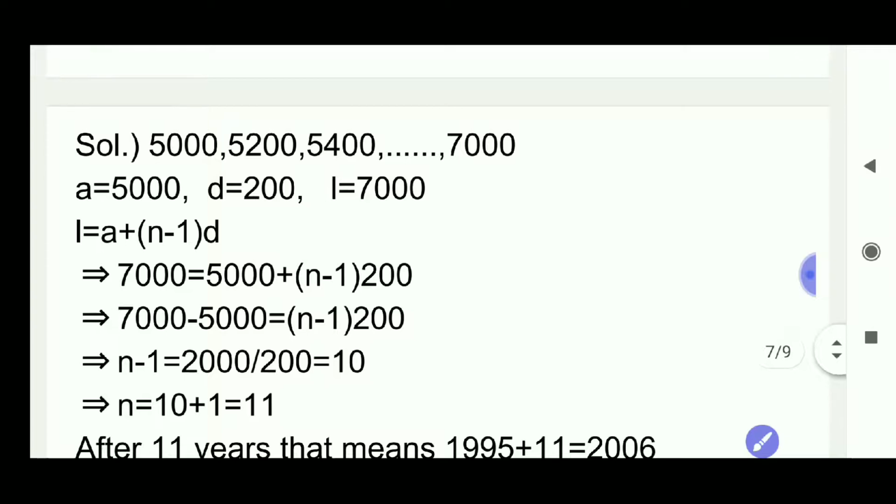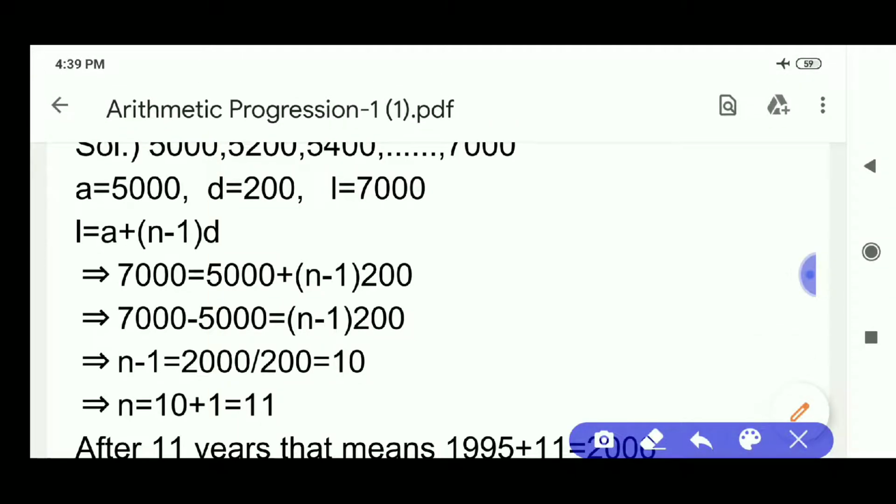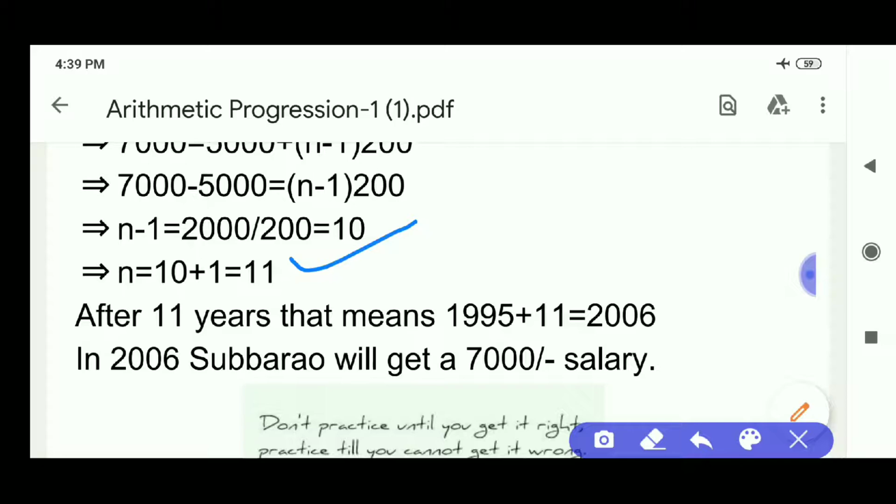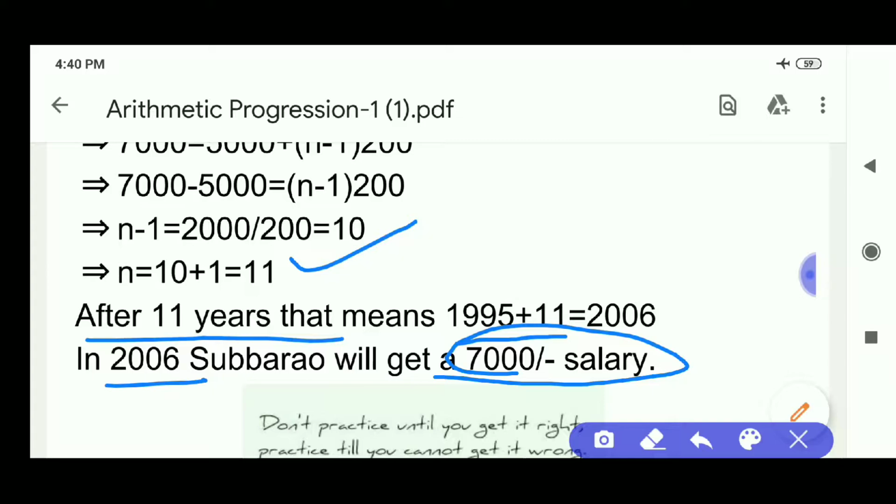So L is equal to the nth term, A plus n minus 1 into D, is 7,000. 7,000 is equal to A, 5,000, plus n minus 1 into D, 200. By simplification, you get n as 11. That means after 11 years, that means 1995 plus 11. In 2006, Subbarao will get 7,000 rupees salary per annum.